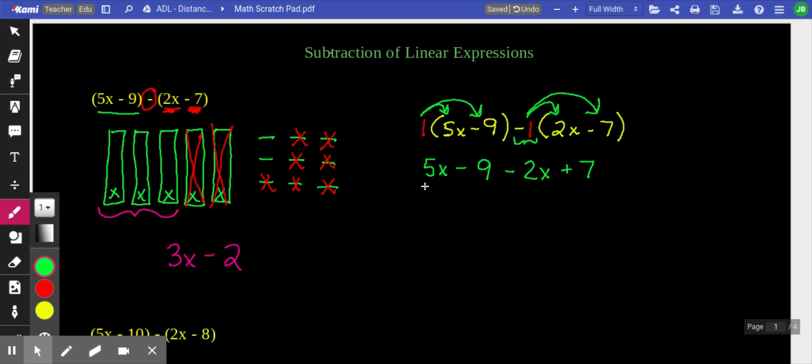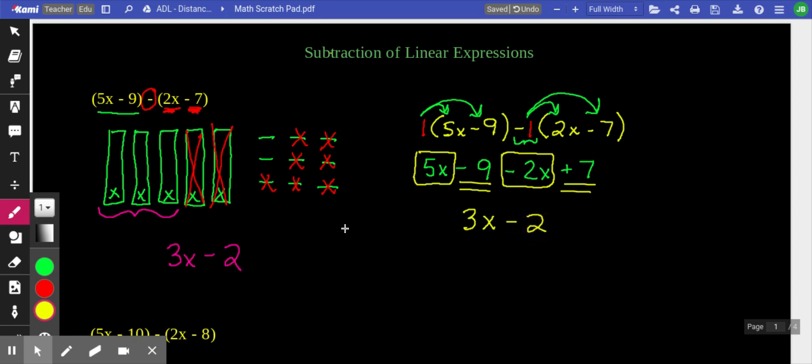So what I've done is I've created a linear expression where I can combine my like terms. So I'm going to collect my variable terms of x, where I have 5x and negative 2x. 5 plus negative 2 is 3, so it's 3x. And my constants are going to be a negative 9 and a positive 7. Negative 9 plus 7 is negative 2.